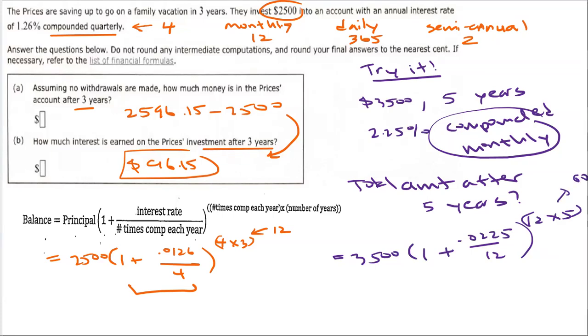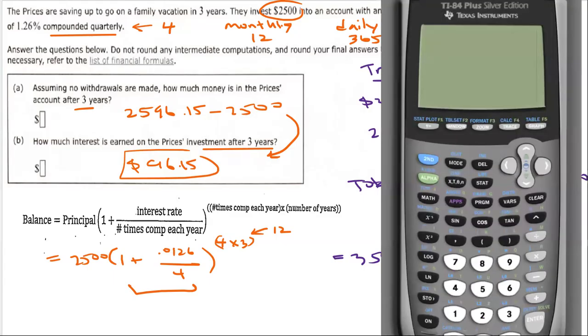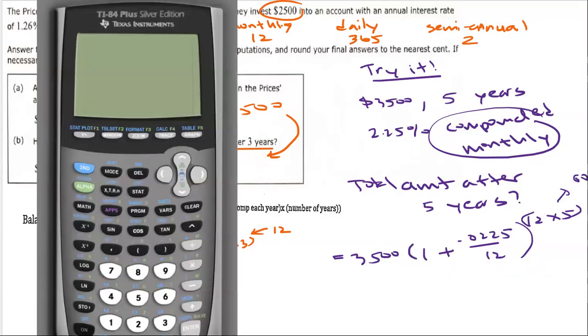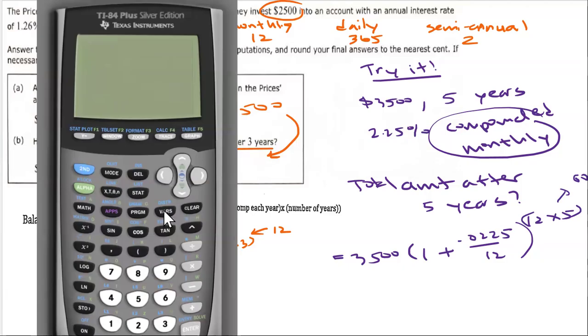All right. So let's put this in the calculator. 0.0225 divided by 12, enter, add the 1, enter. Then we need to raise this to the power of 60, enter.